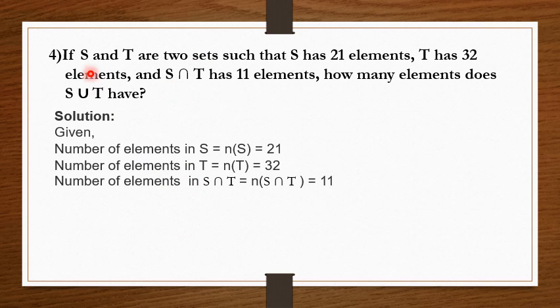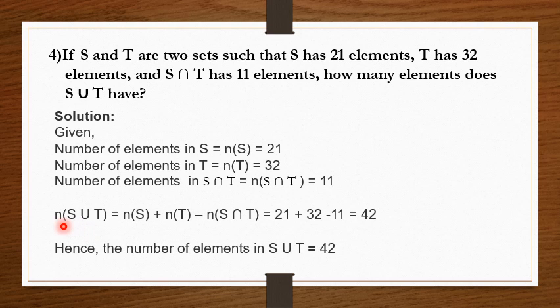We need to find n(S ∪ T). So n(S ∪ T) = n(S) + n(T) − n(S ∩ T). On substituting these values, we get n(S ∪ T) as 42. So the number of elements present in S ∪ T is 42.